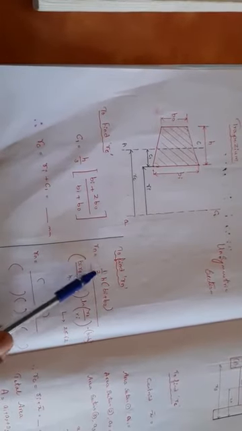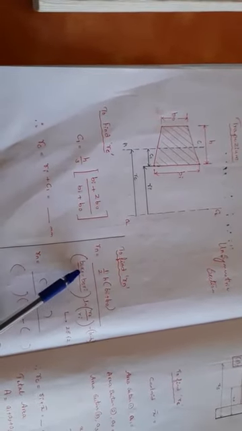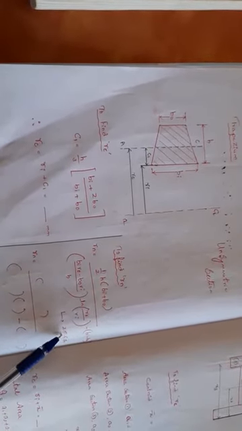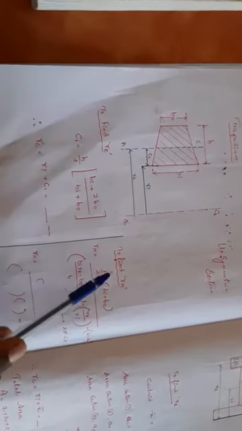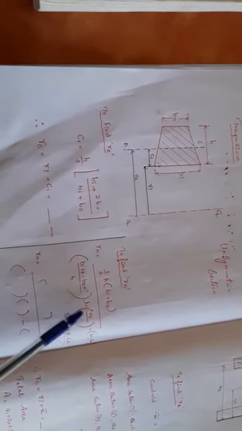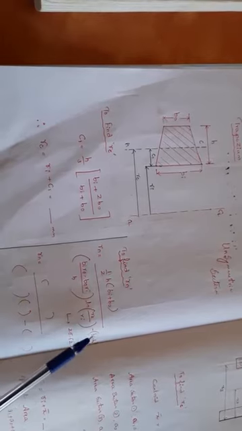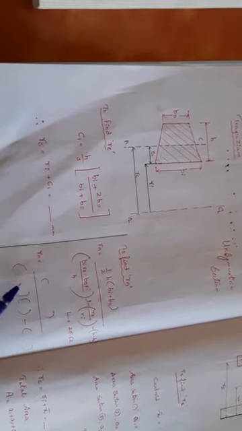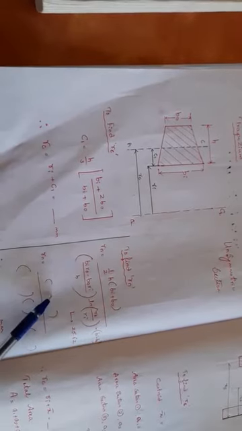Rn is half H times (Bi plus BO), and this we get in the data handbook, equation number 25.62. Simplify this, ln of Ro by Ri, and this minus Bi plus BO. Multiply and divide accordingly, and we get Rn.